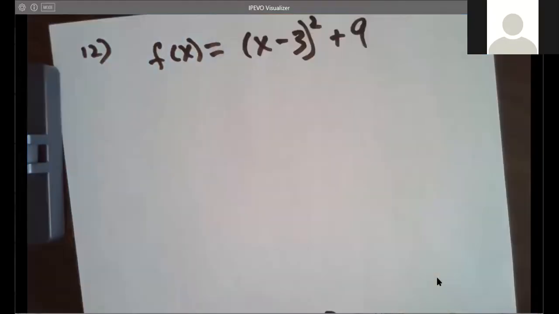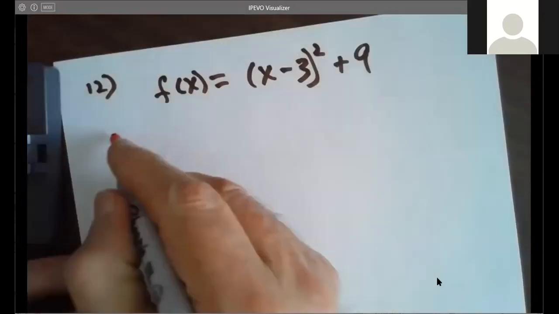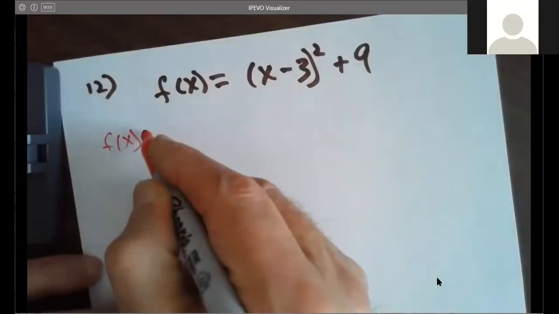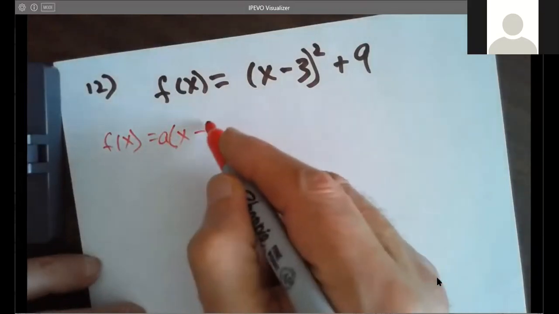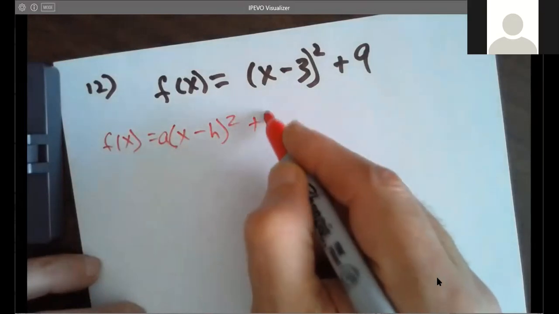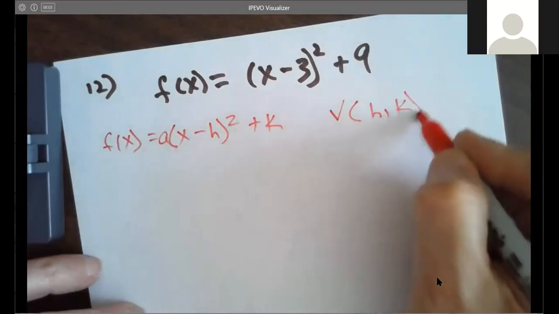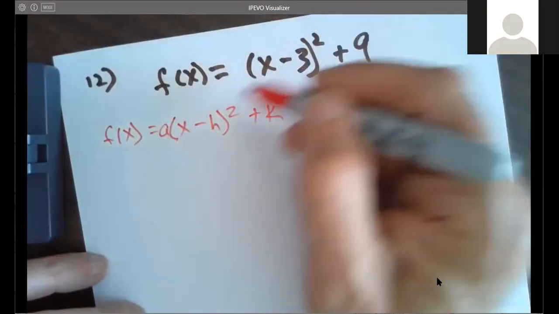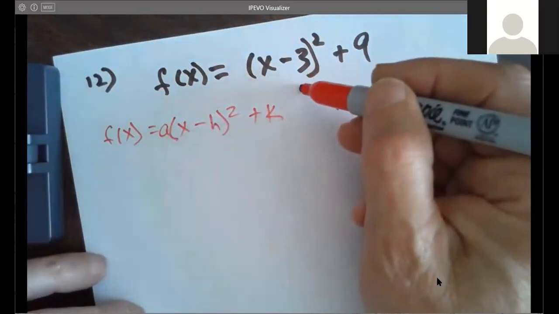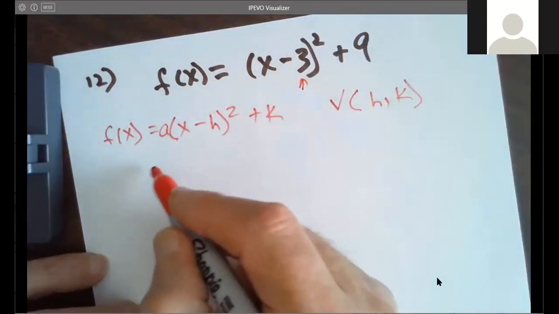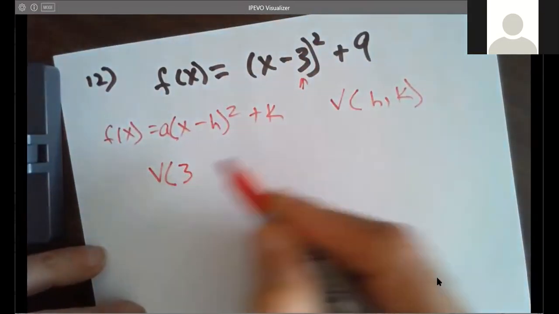It helps to look at our original equation of f of x equals a times (x minus h) squared plus k, where the vertex is (h, k). So the h is going to be the number that's inside the parentheses with x. So in this case, the vertex is going to be, because this moved right 3, positive 3.